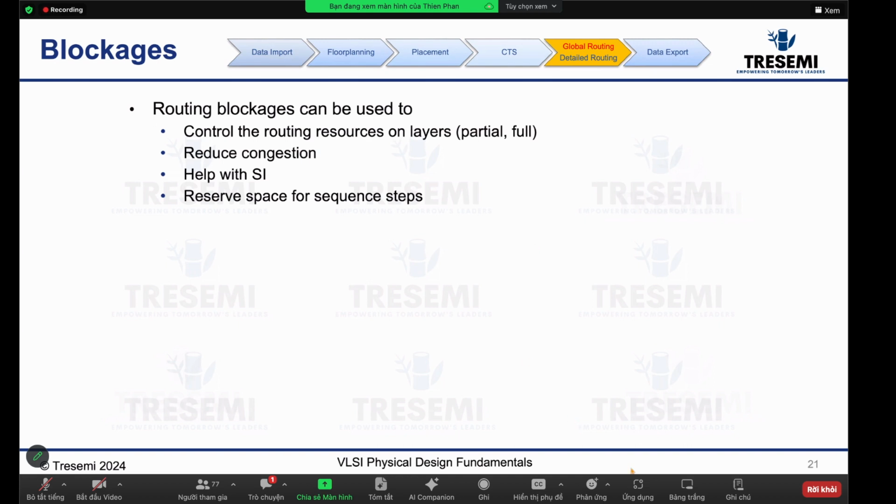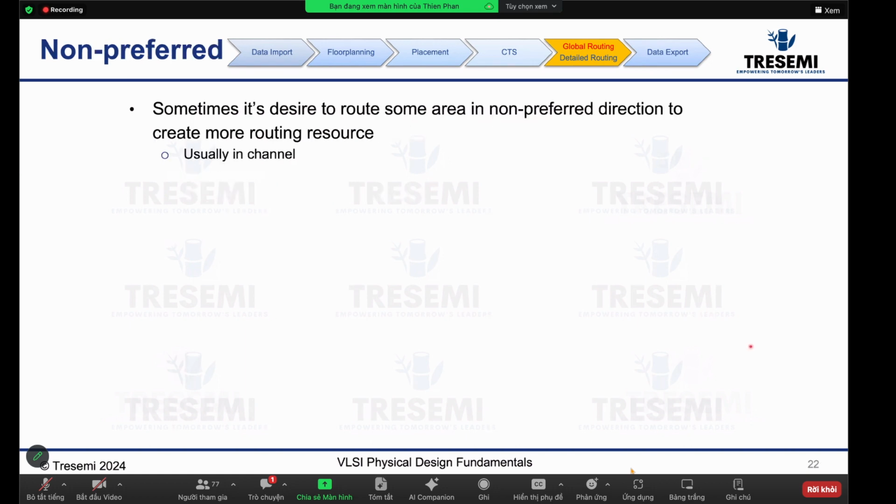And so this one, yeah, I was talking about this. We do this a lot when we have so many macros placed in groups, and we know the routing needs to go through these channels to connect to the macros, right? The vertical channel and the horizontal channel are not the same. So sometimes we have to tell the tool, hey, don't route it this way, I'm going to route it the other way.